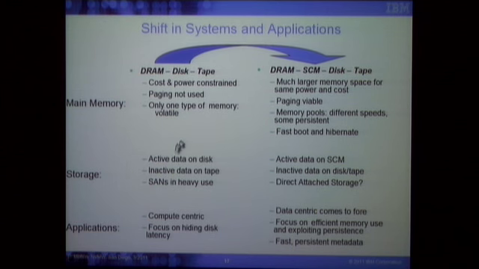But the thing that you might not have thought about enough is, in the case where you do hide the fact that SCM is there from the higher levels of software, but it's known to the lower levels, the question is, at what point should stuff get moved around between DRAM versus SCM versus disk?